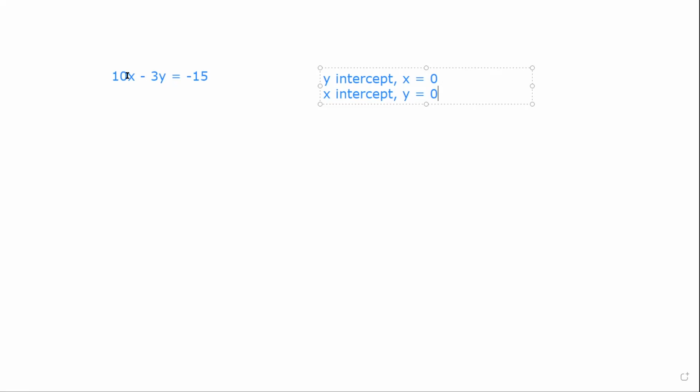So the first one I would try, the one that obviously works, is for the y-intercept. If I substitute 0, now I have a one variable equation. And I can find what y is, and it'll give me that y-intercept point. 10 times 0 is 0. Negative 3y equals negative 15. Dividing again by that coefficient.